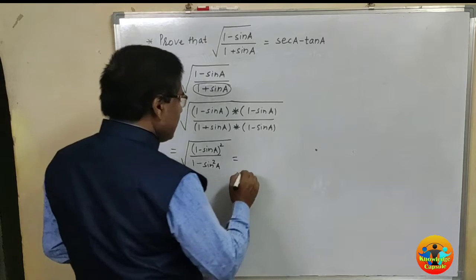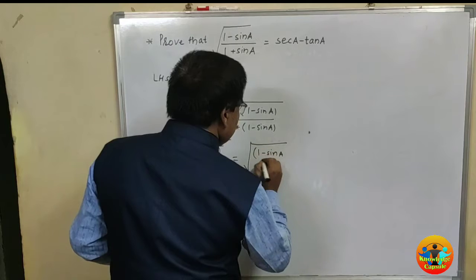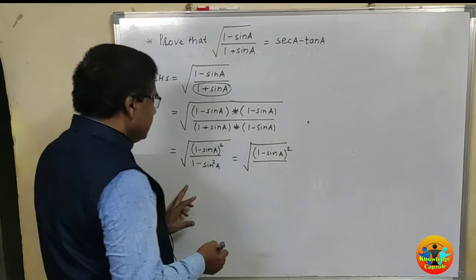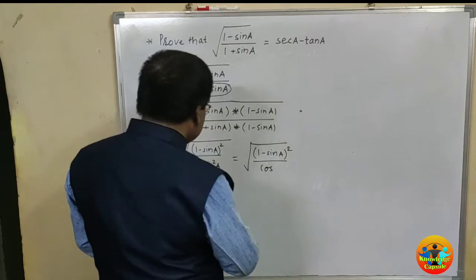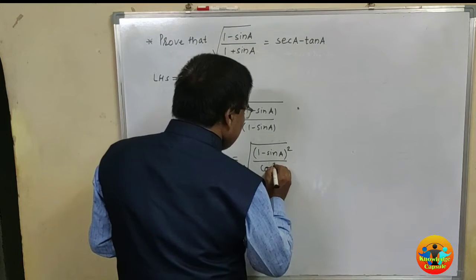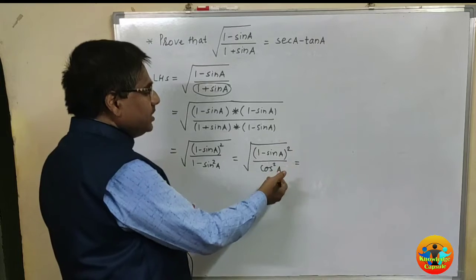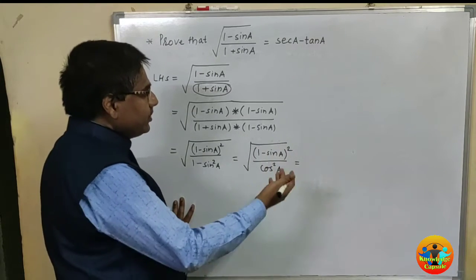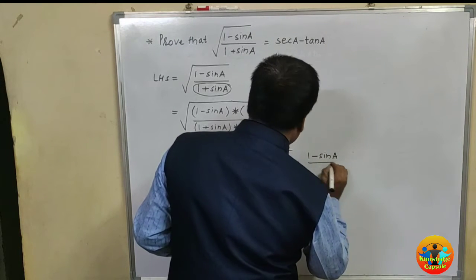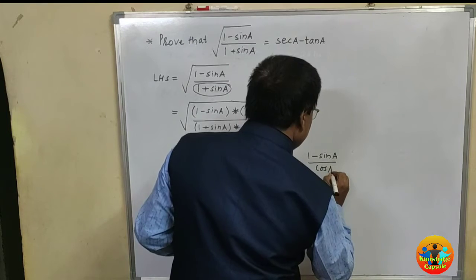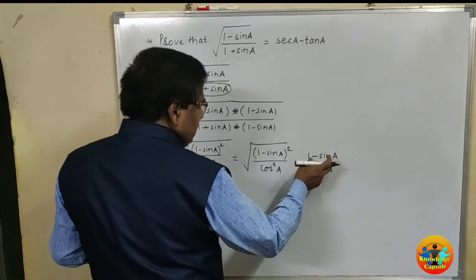This will be root over 1 minus sin A whole square upon, as we know 1 minus sin square theta is equal to cos square theta, we can write 1 minus sin square A is equal to cos square A. Now removing the root, as both the numerator and denominator are in square, we can write this as 1 minus sin A upon cos A. Now let us simplify this.